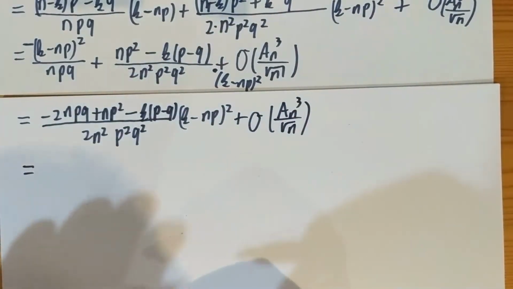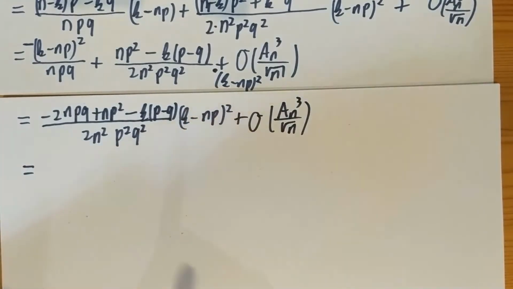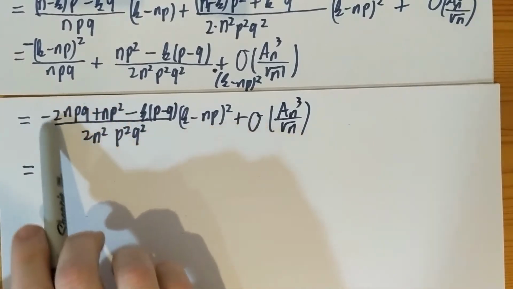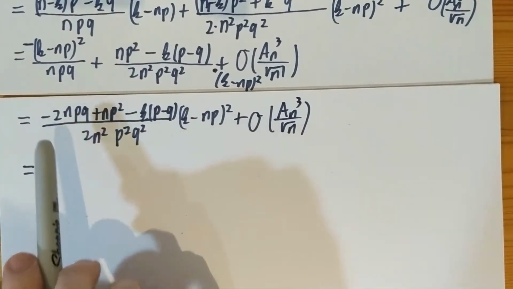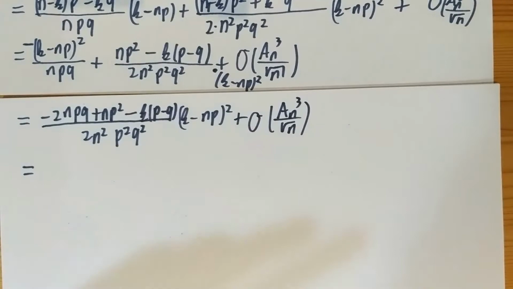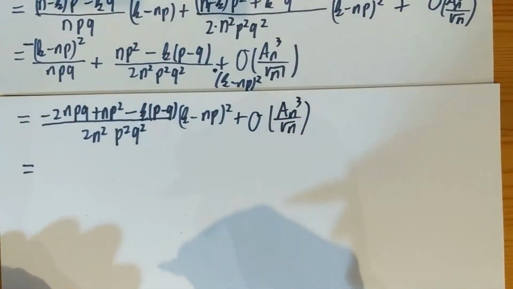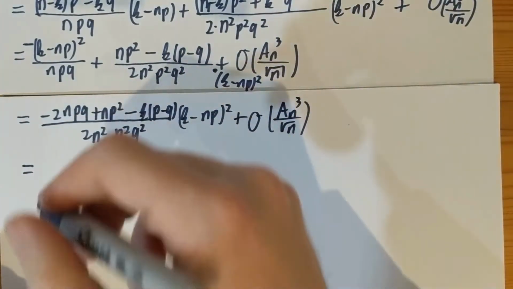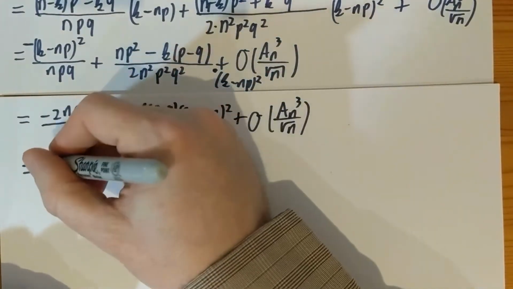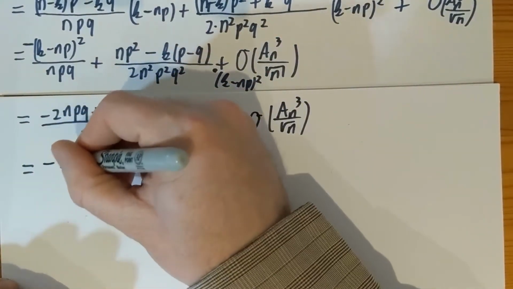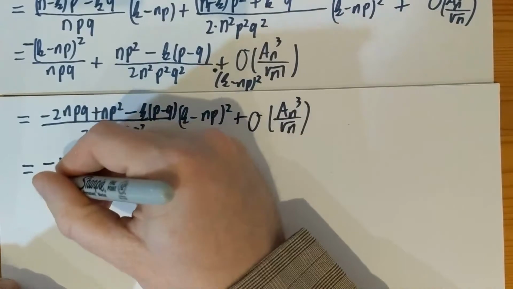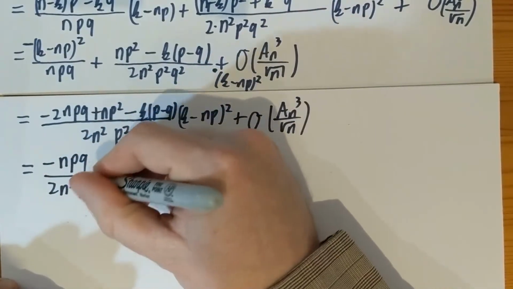Alright, now what I'm going to do is I'm going to separate one of these guys out of the two, and I'm going to collapse the other with the np squared. So I'm going to separate one of these guys, so that's a minus npq over 2n squared p squared q squared.